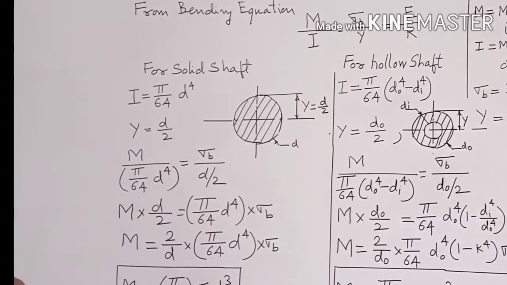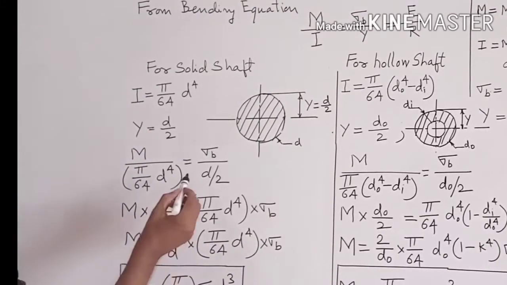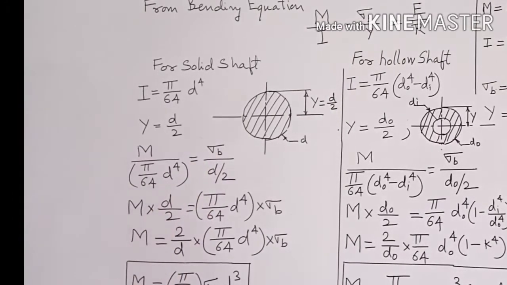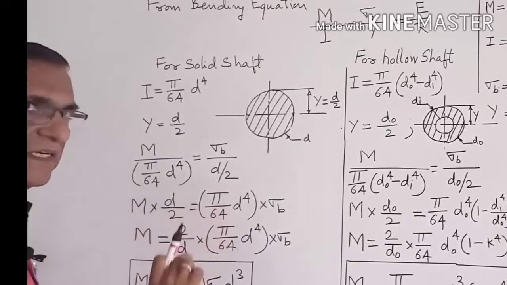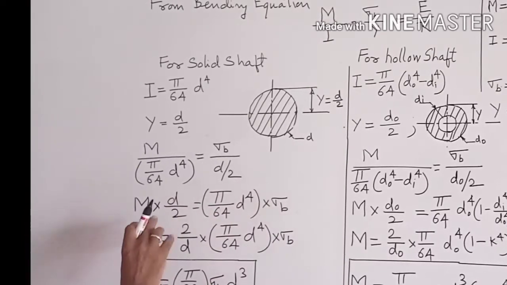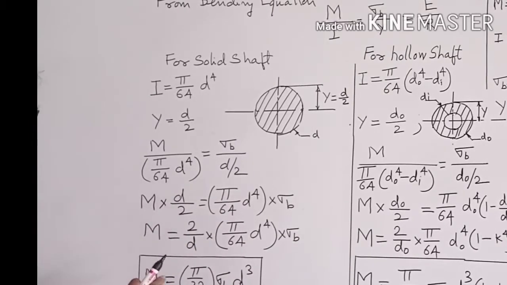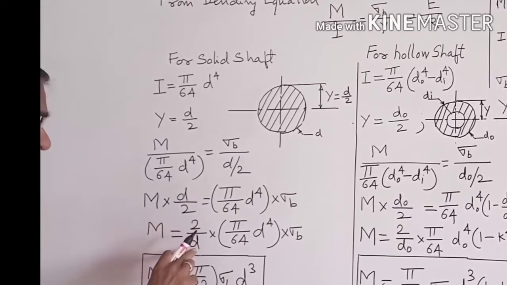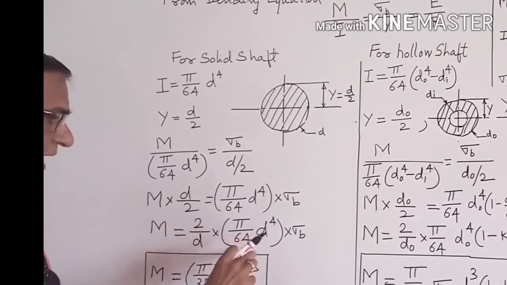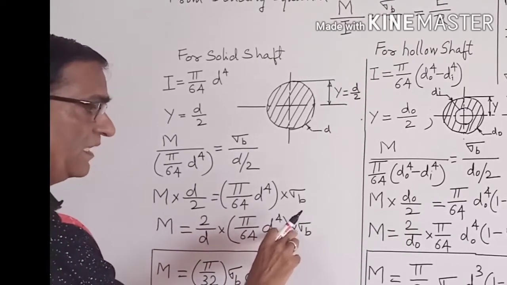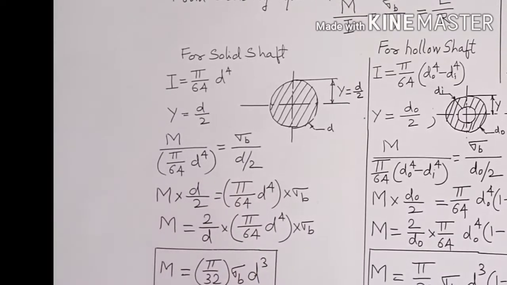Now by cross multiplication this value goes here, this value goes here. Now we will get this equation, and after transferring d by 2 to the right hand side, we will have M is equal to 2 by d into, in the bracket, pi by 64 d raised to 4, bracket is complete, multiplied by sigma b.